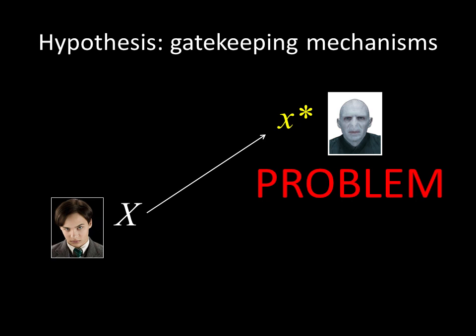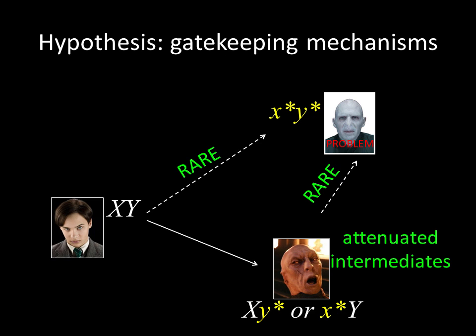So it's rare. But then there will probably be intermediate forms that have only 1 mutation. These can accumulate in the population and produce back the long livers. And this is a problem. That's why evolution wants to attenuate these intermediates, so that they do not accumulate if they are produced.